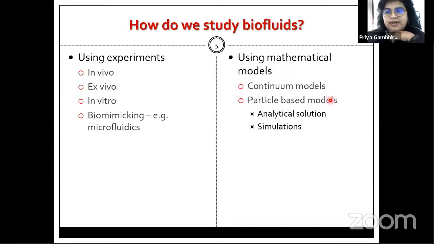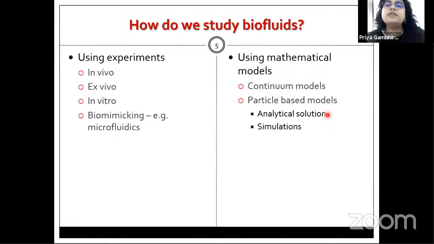Once you have the model ready, depending on its simplicity or complexity, you can either find an analytical solution to the model, or you can do simulations wherein you assume certain things and simulate the flow of that fluid in that particular surrounding. Both these approaches are very commonly used.